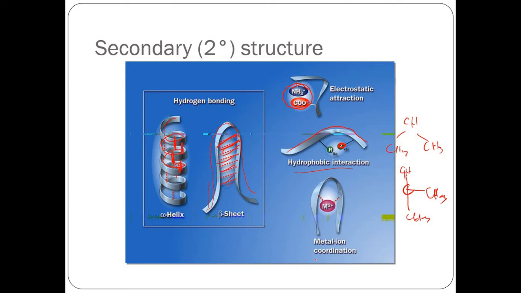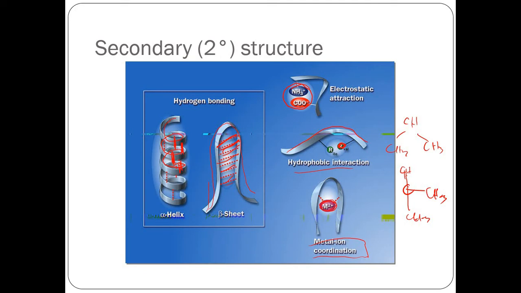And then you have metal ion coordination, which we will go to later. Like hemoglobin, for example, which has magnesium, right? Sorry, iron. What happens is that this metal goes to the center, but we will go to that later when we reach some other examples.